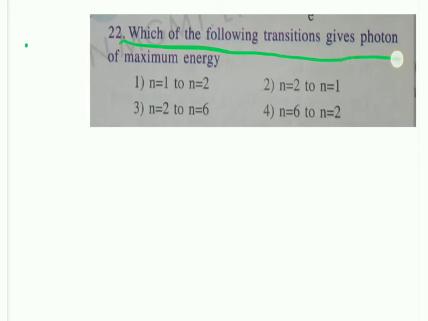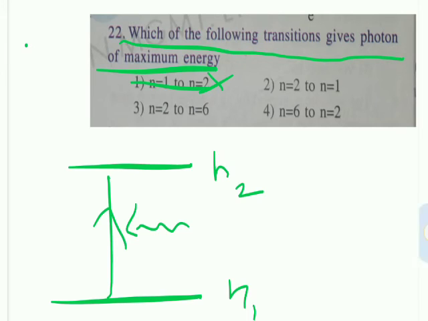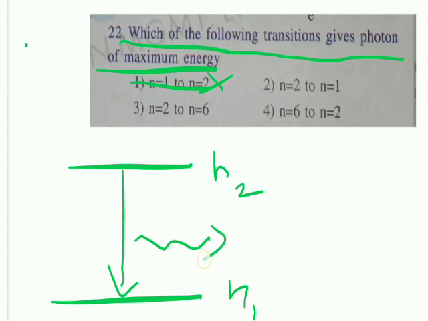Which of the following transitions gives a photon of maximum energy? In the first option, n1 to n2 is the absorption spectra. It does not give a photon, so the first option is wrong. The second option, n2 to n1, is the emission spectra.